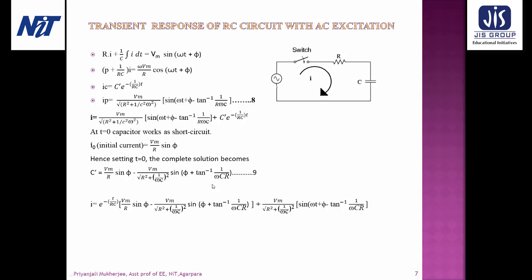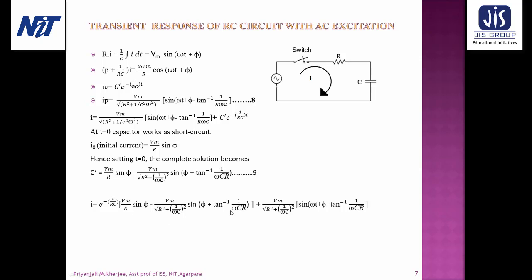And we can substitute this C into this previous equation, so we can get the equation of I equal to e to the power minus t by RC into Vm by R sine phi minus Vm by root over of R square plus 1 by omega C whole square and sine into phi plus tan inverse 1 by omega CR.